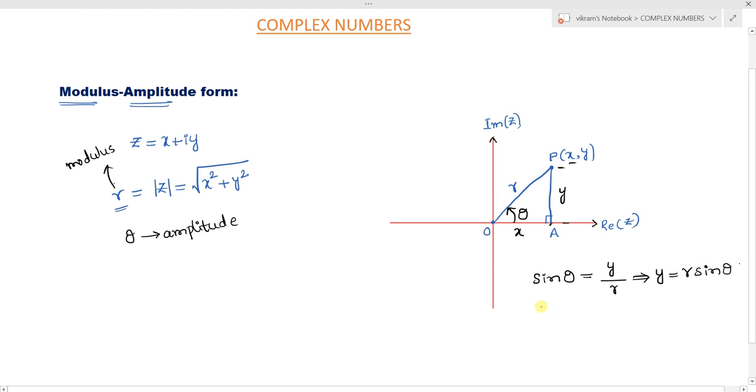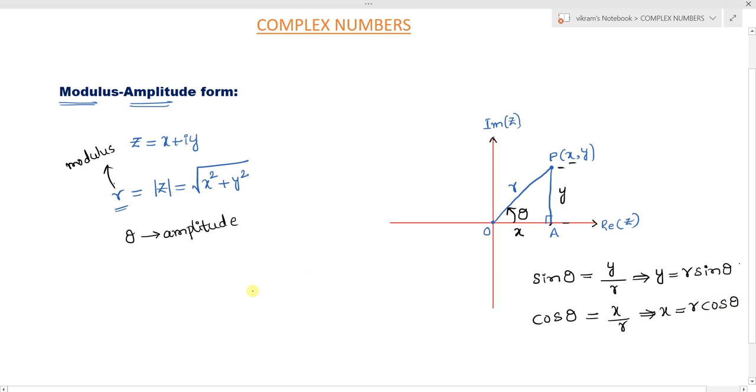Next apply cos theta. Cos theta equals adjacent by hypotenuse, x by r. So we can write x equals r cos theta.